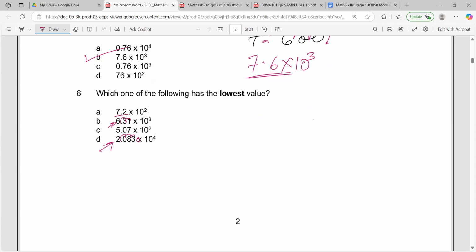So that's 6,000, and this one 20,000. Now this one, two of them are moved, so this would be 720, and this one 507. So this is the answer. No one realized it's so simple.